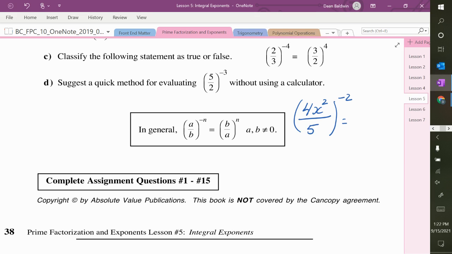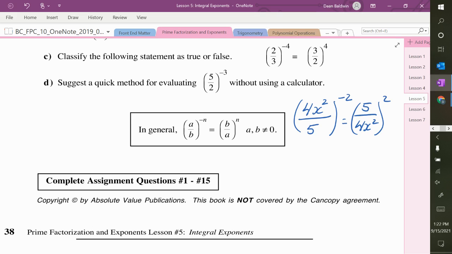Yes. Okay, so we can flip the whole thing, right? So I get 5 over 4x squared to the power of 2. Is everybody okay with that step? If you flip a fraction, the exponent flips from negative to positive. If you have a positive exponent and you flip the fraction, it becomes negative. So you can go either way, but usually we're going to go this way.